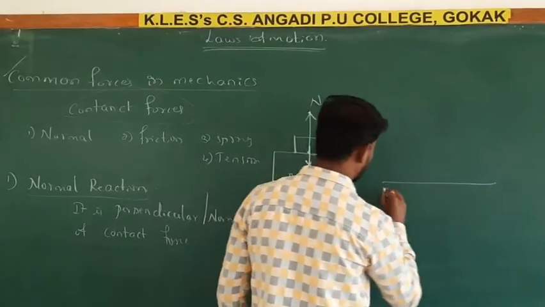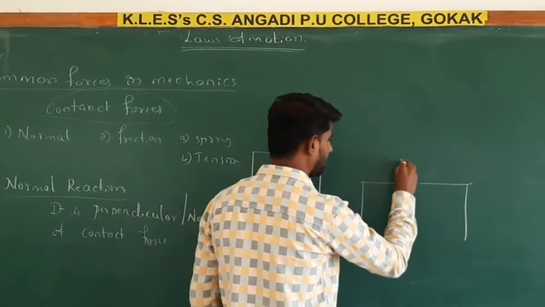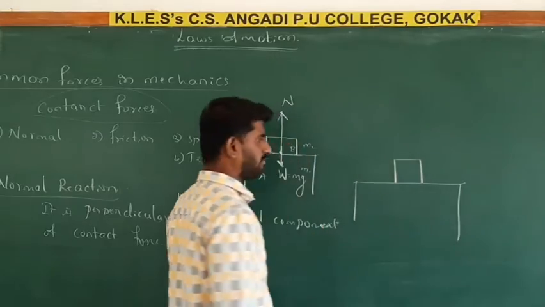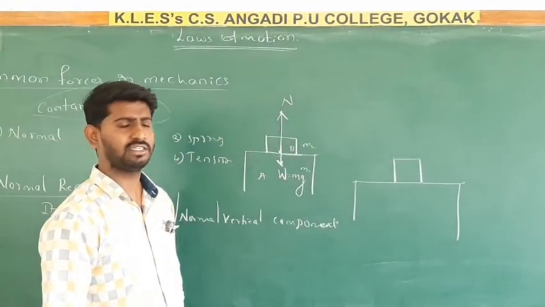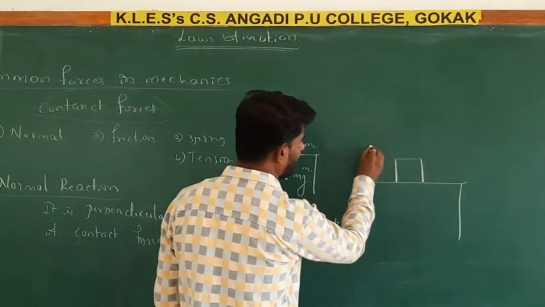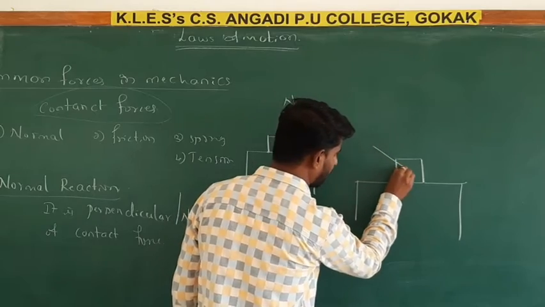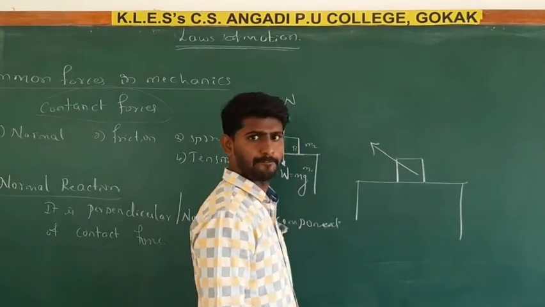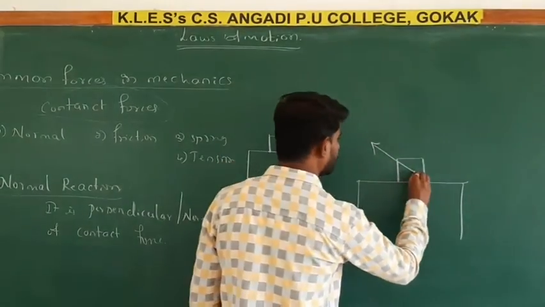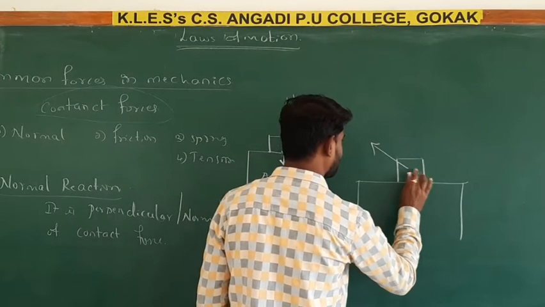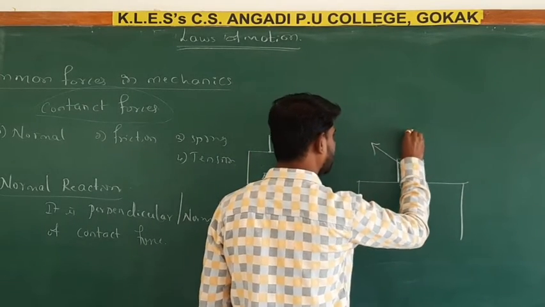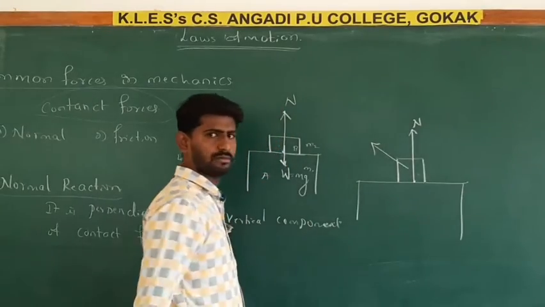Okay, so there is a larger body like a table, and there is a small body kept over that table, right? And a force is applied in this direction. Now the force acting in this way is called the normal reaction.